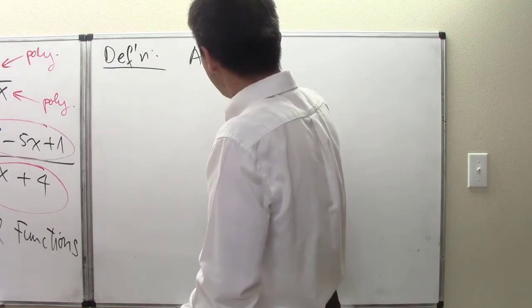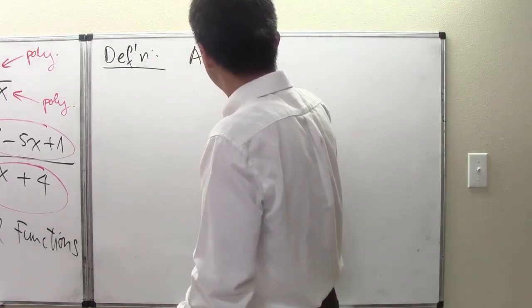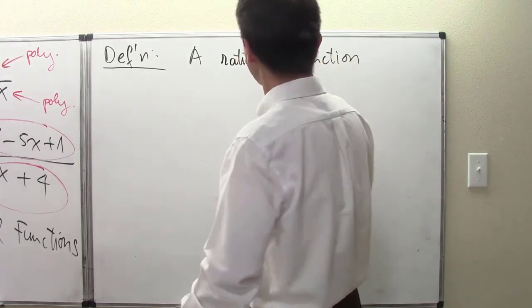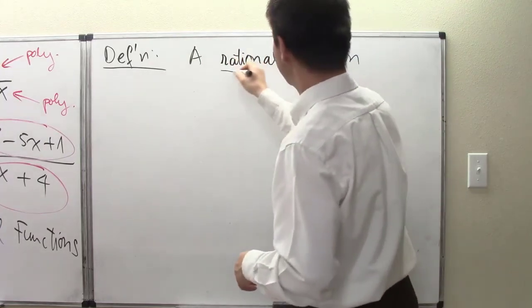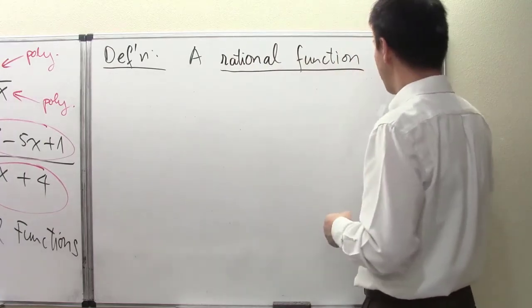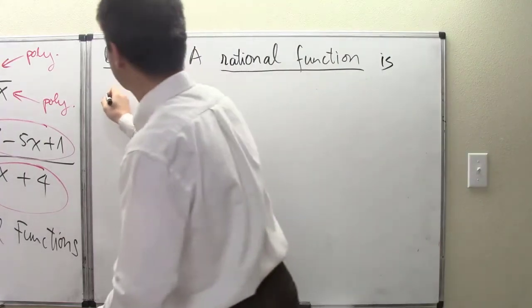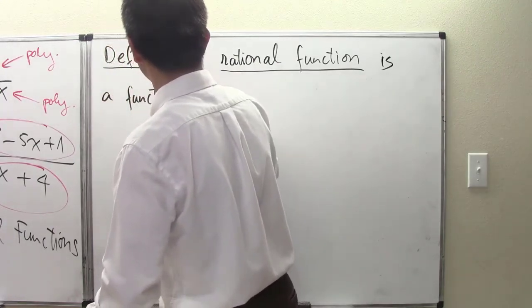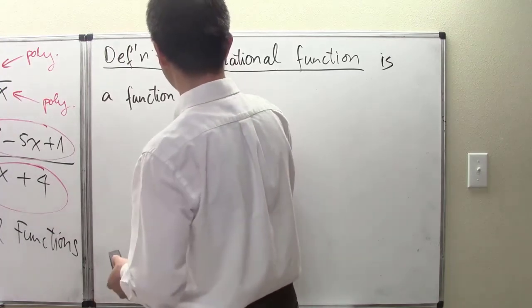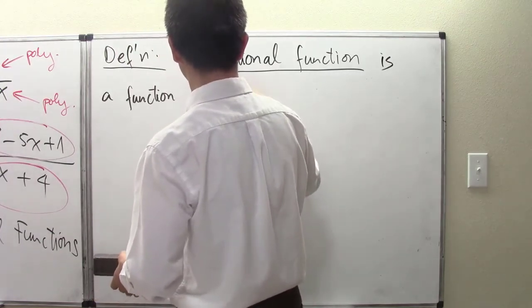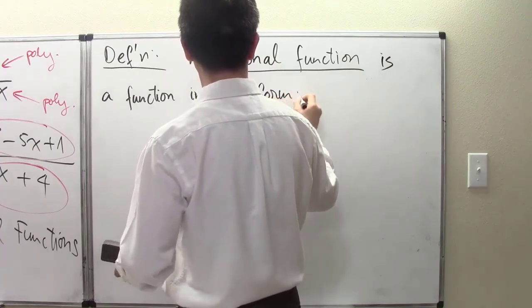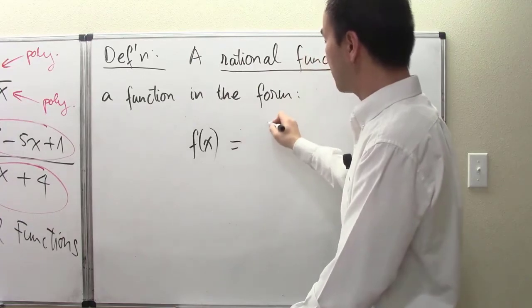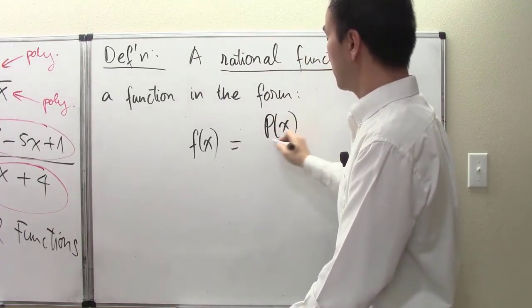So a rational function, or any rational function, is a function in the form, how about if we want to call that f of x, then it has to be in the form some p of x over q of x.